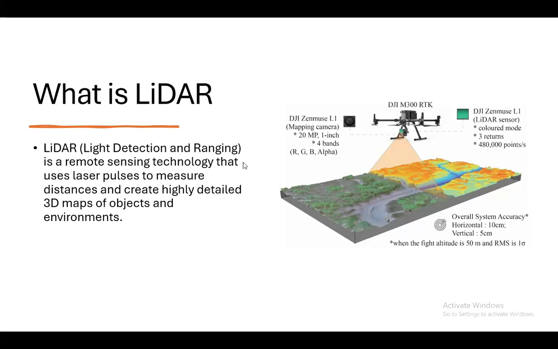So with LiDAR technology, you can precisely estimate the X, Y, and Z values, and it can measure the distance between the sensor and the object. Also, with the help of some other auxiliary processing, you can identify features, whether it is a tree, a building, the ground, or something else like canopy.